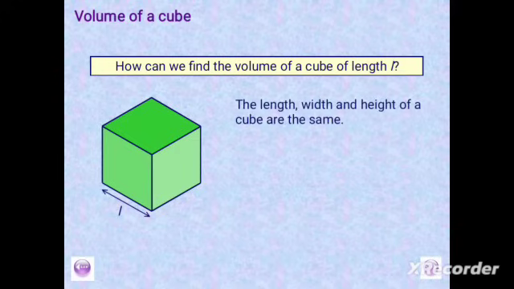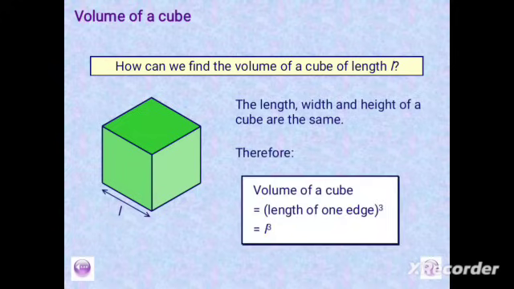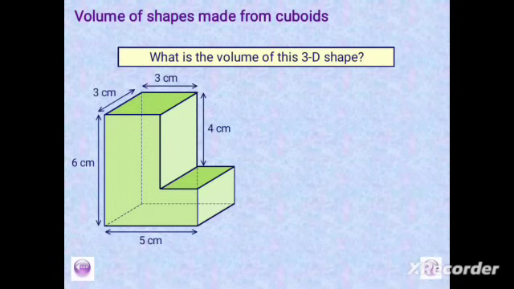The length, width and height of a cube are the same. Therefore, the volume of a cube is the length of one edge raised to power 3. That gives us length cubed, or length raised to power 3.